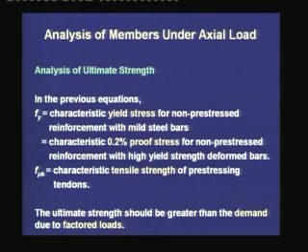Now, once we know these material properties of both the types of steel, we can find out the ultimate tensile strength of a member. Now, this ultimate strength should be greater than the demand due to factored loads. Here there is a difference between the analysis at transfer and service loads with the analysis at ultimate strength.